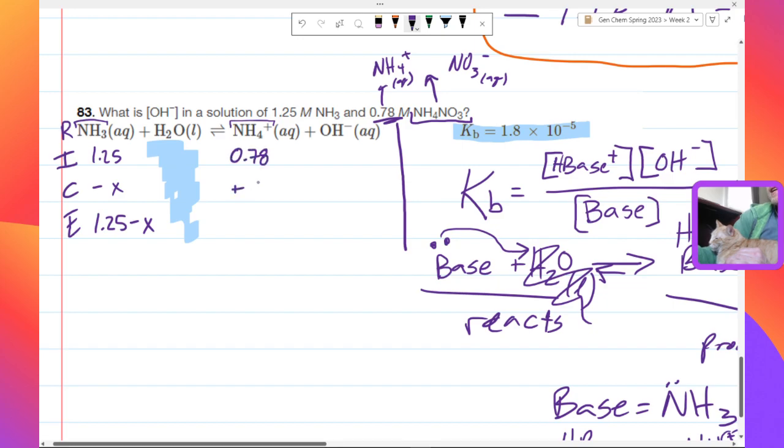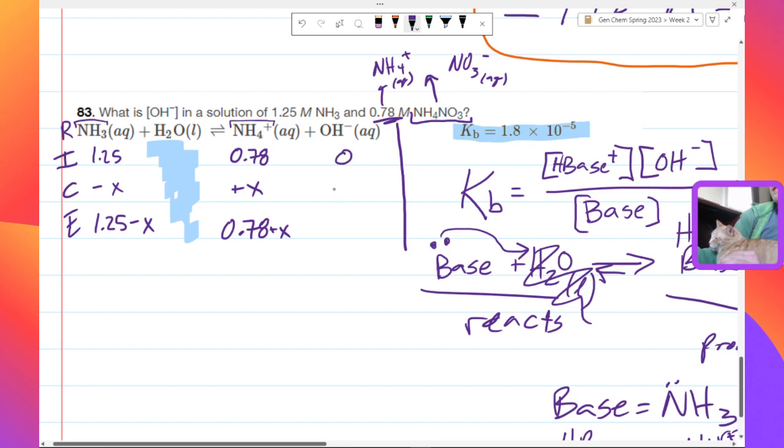And that is going to gain however much ammonia goes away by stealing a proton, that's how much new ammonium will be created. That's X. It's a one-to-one stoichiometry. And then hydroxide, in theory, when we very first started, this started out as nothing.